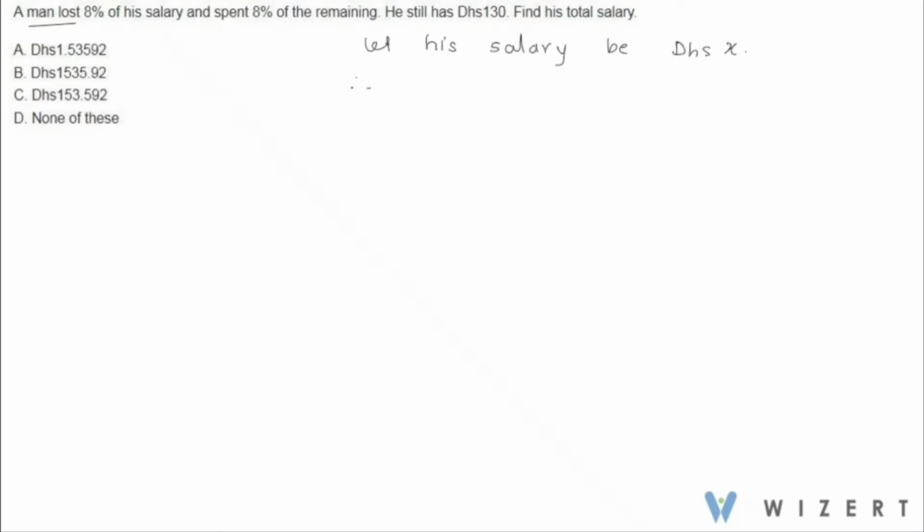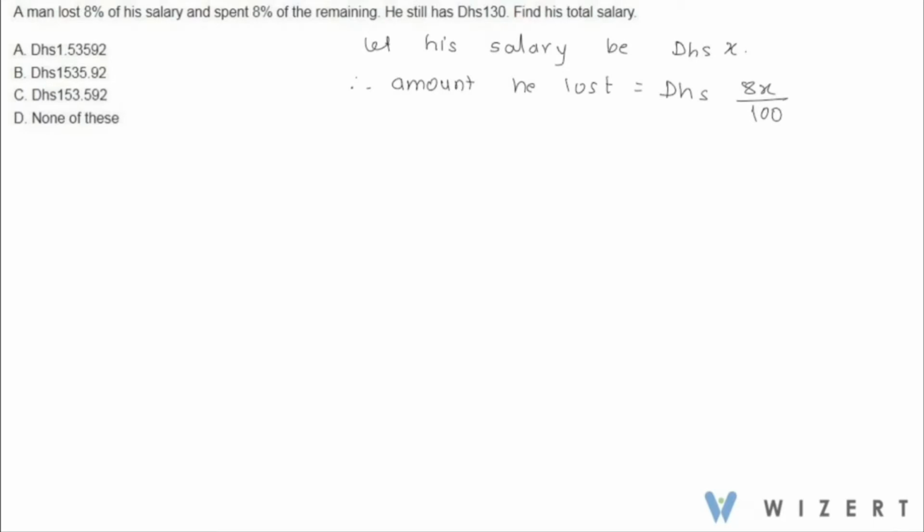Therefore, he has first lost 8% of it. Therefore, the amount he lost will be 8x by 100 dirhams.